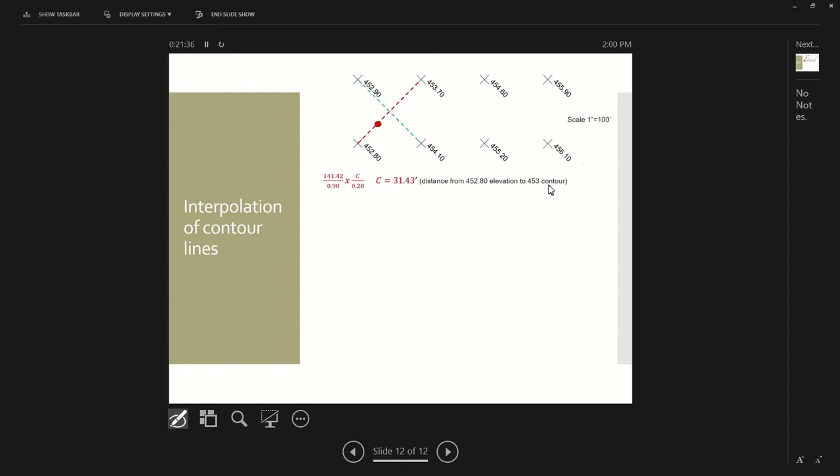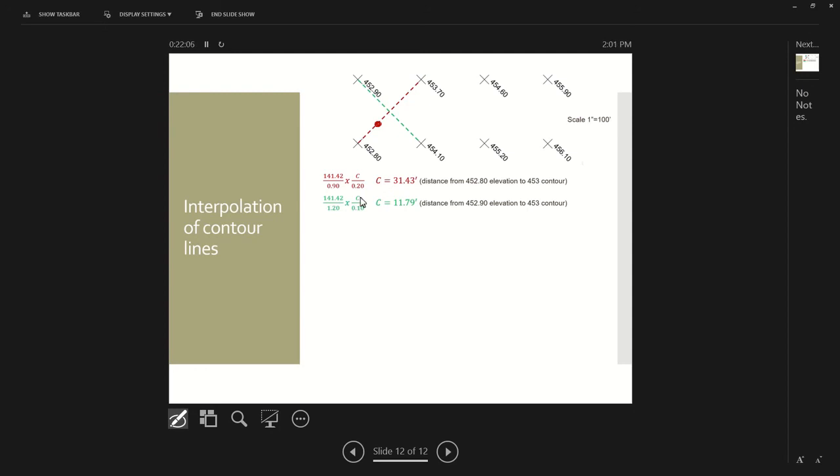So let's check out the next one. I'm going to figure out the green line now. On the green line, I'm trying to find the 453 contour again. I'll switch to green this time. My hypotenuse distance is 141.42. The difference in elevation between the two points is 1.2 feet.